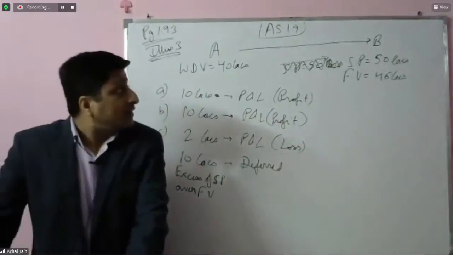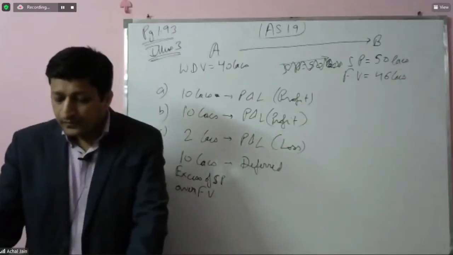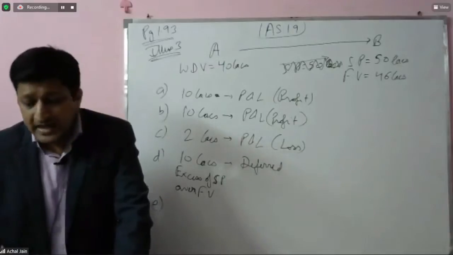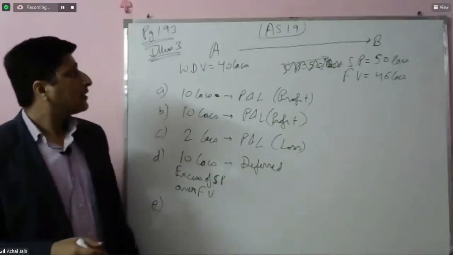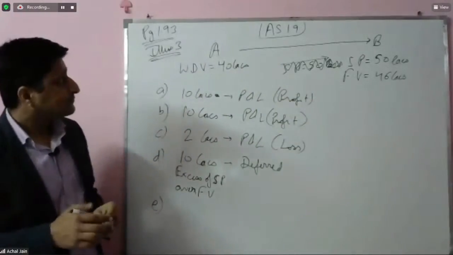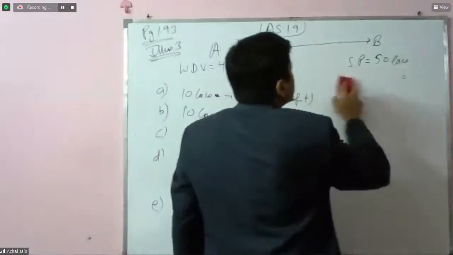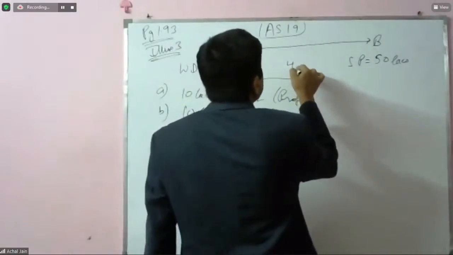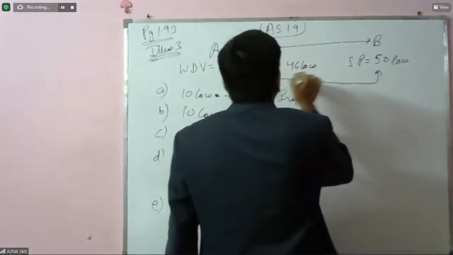When the fair value is 46 lakhs and the sale price is 50 lakhs, profit of 6 lakhs. Why are we saying profit of 6 lakhs? Because all in all, profit of 10 lakhs has been earned. In simple terms, from 40 we reach 46 lakhs, and from 46 we reach 50.